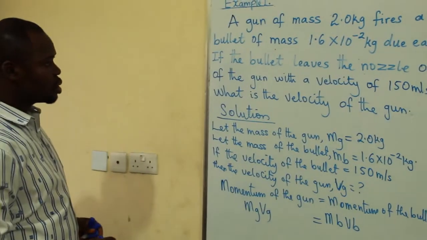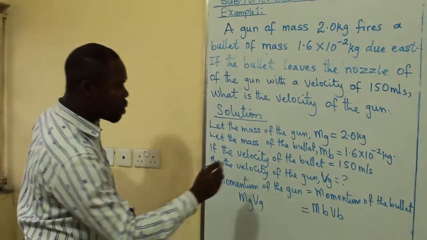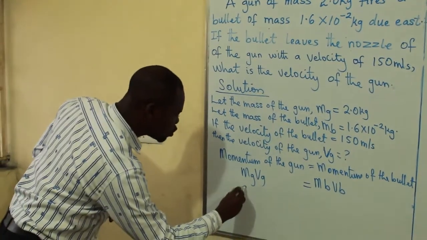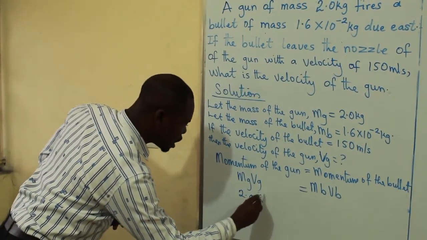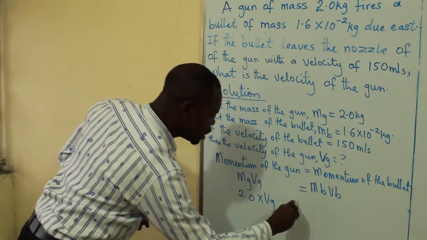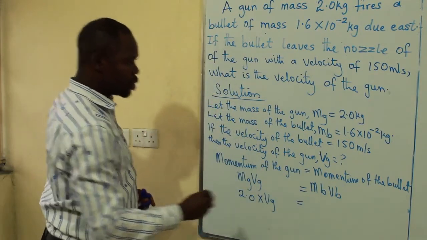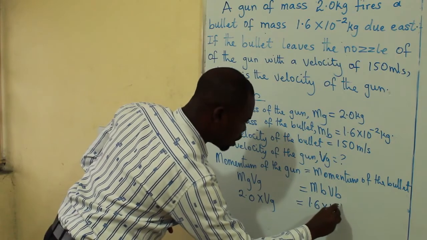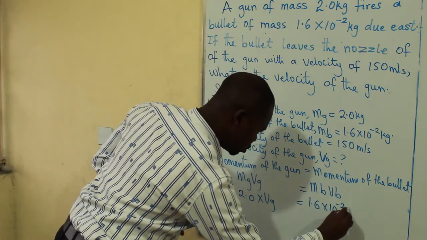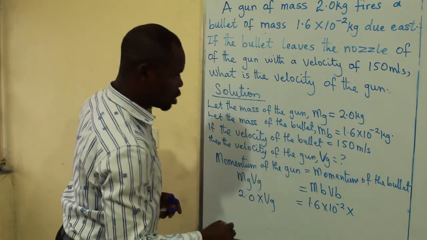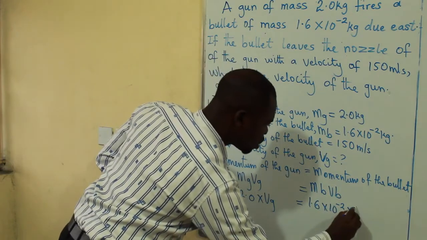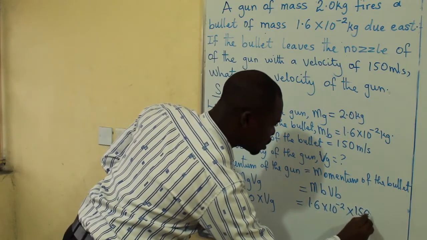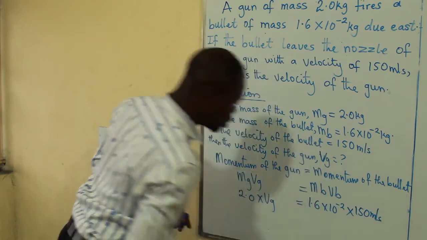If you substitute that, we have 2.0 times vg equals 1.6 times 10 raised to power minus 2 times the velocity of the bullet, 150 meters per second.